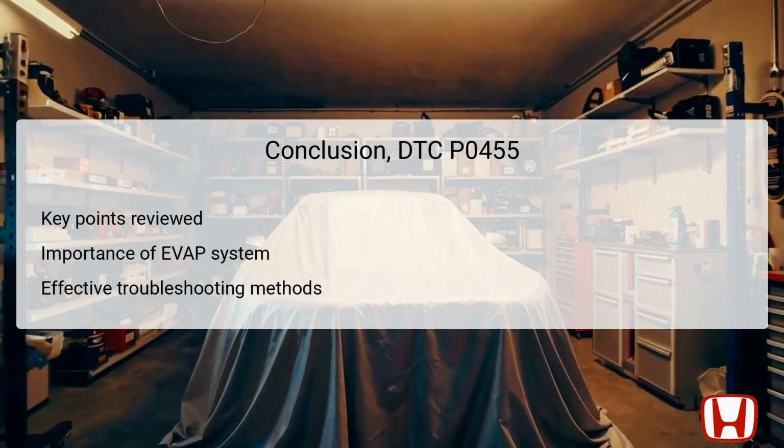Step-by-step diagnostics, including checking the fuel fill cap, its seal, and conducting thorough tests with the Honda Diagnostic System, are paramount in identifying and resolving issues. The importance of preventive maintenance cannot be overstated, as it can significantly reduce the likelihood of repeat failures. By adhering to these detailed procedures, technicians can ensure that the vehicle operates efficiently and remains within the environmental standards.